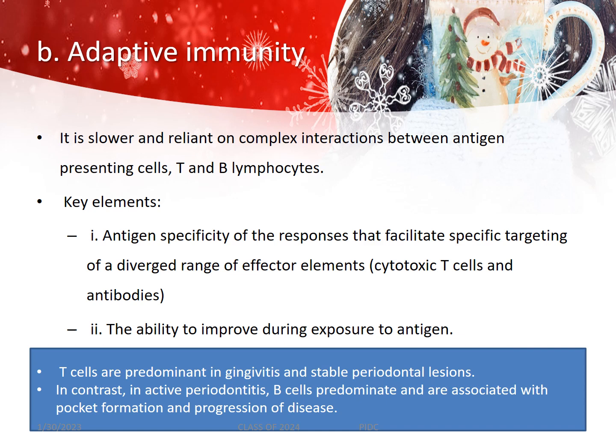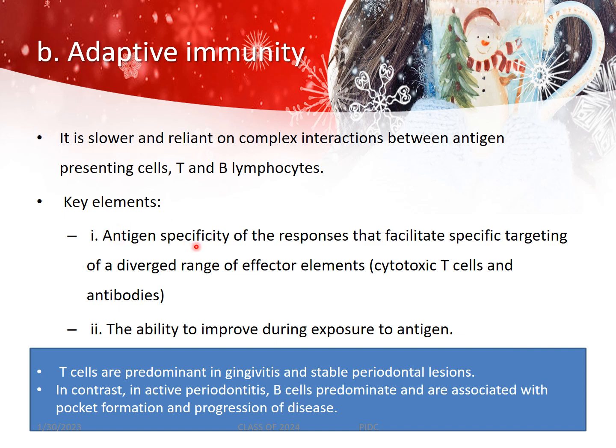If innate immunity is not sufficient in the body, then it goes to the second immunity, that is adaptive immunity. It is a little slower and depends on a complex interaction between the antigen presenting cells and the T and B lymphocytes.